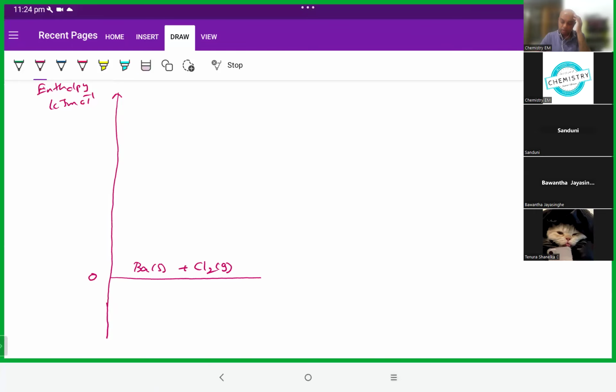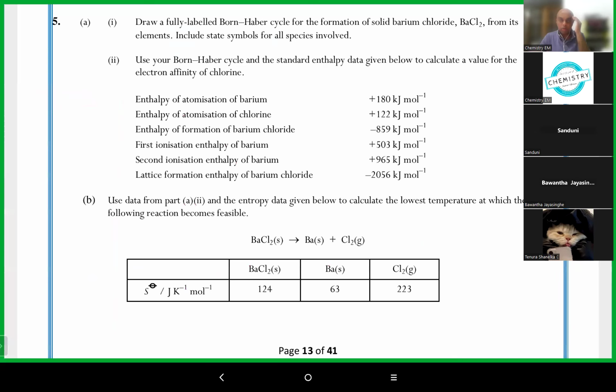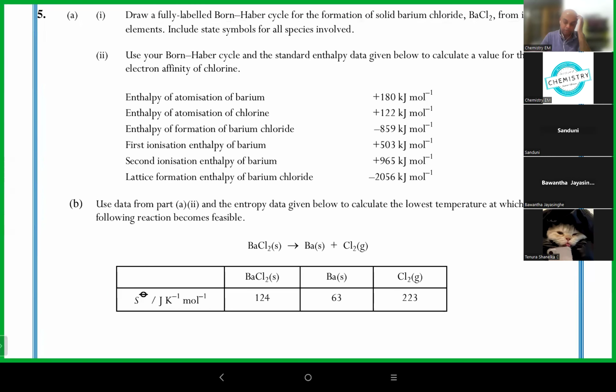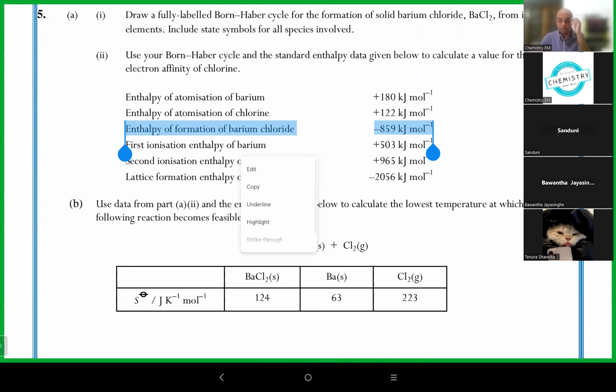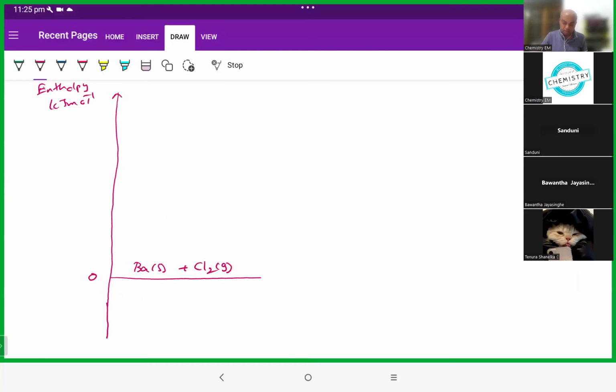Sorry, the formation enthalpy of barium chloride we need to find. It is here, this one, right? Enthalpy of formation of barium chloride, it's a negative value, right? So we will draw this one first in the Born-Haber cycle.